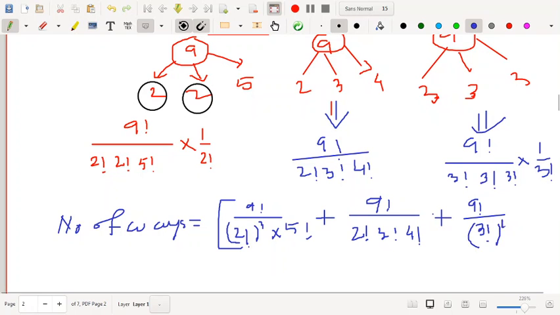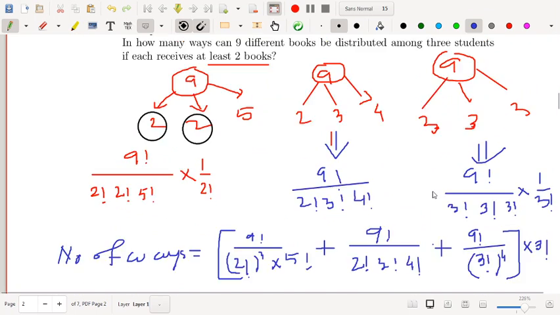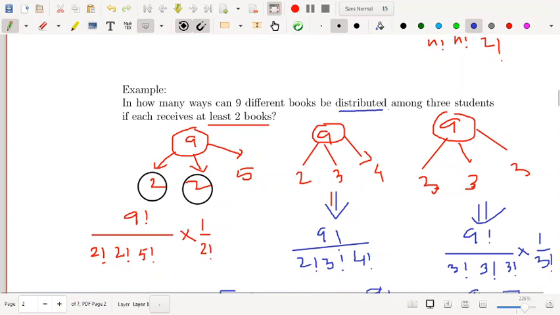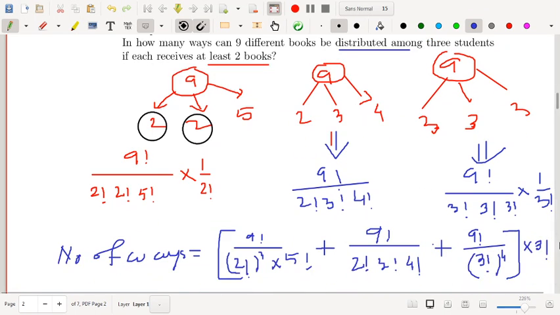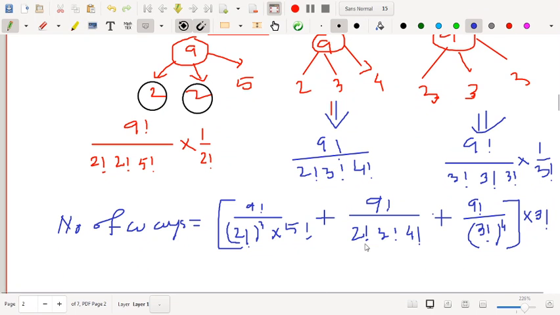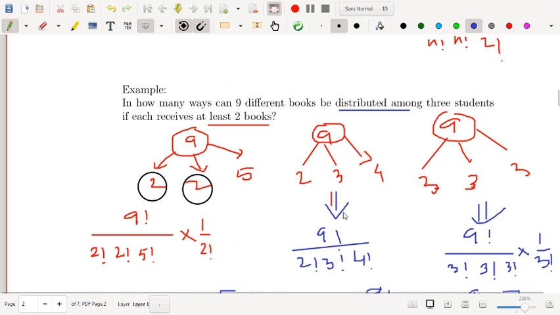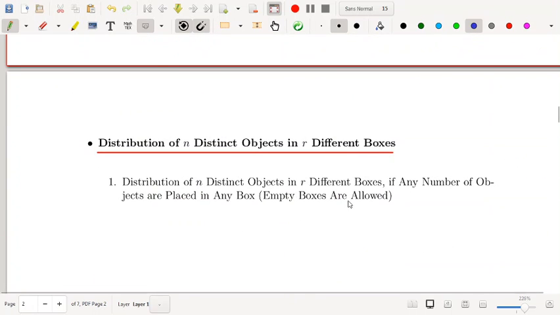I am adding these because this is the either-or sum rule. Into factorial 3 for distributing, because the books are distributed among students, that is why there is a factorial 3. Clear? So you will calculate and you will get the answer. I hope this example is clear to you. Let's have the next topic.